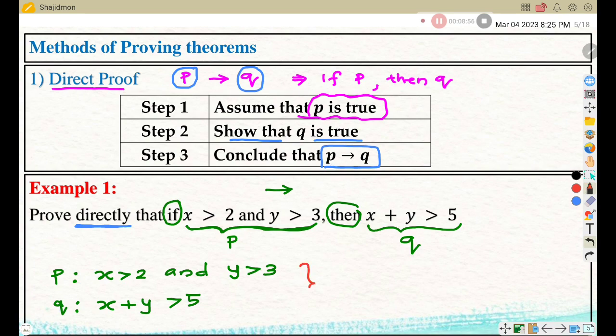So here the question is P implies Q. We need to prove this conditional statement: if P is true, Q is also true. So we will go to the proof. We start from the P statement. P statement true means Q also true.